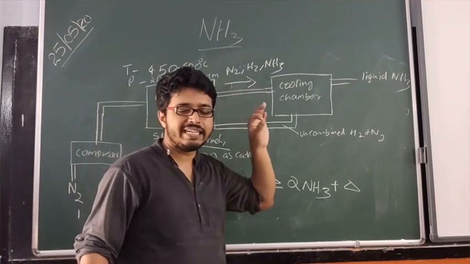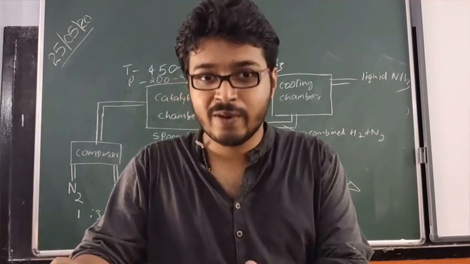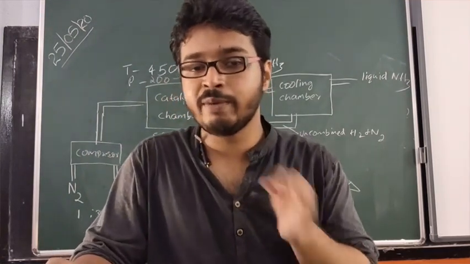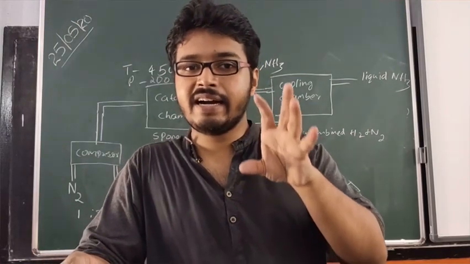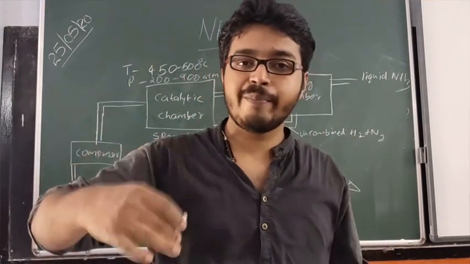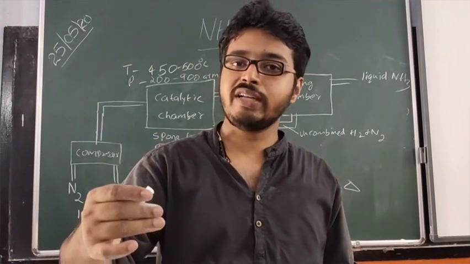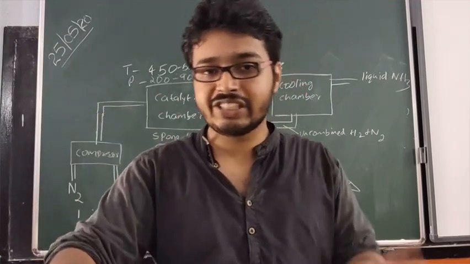In the starting of this chapter, I told you about liquid ammonia. I hope you remember this. Liquid ammonia is ammonia that has been liquefied under low temperature and high pressure conditions.